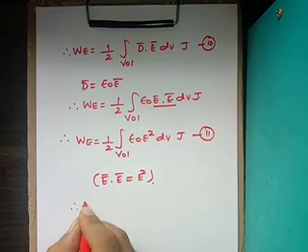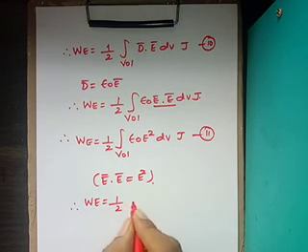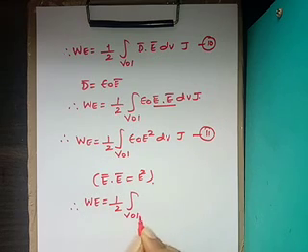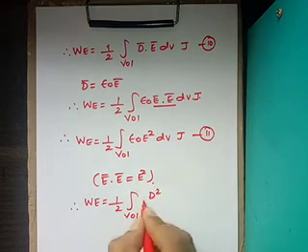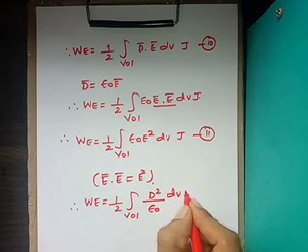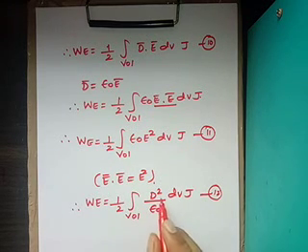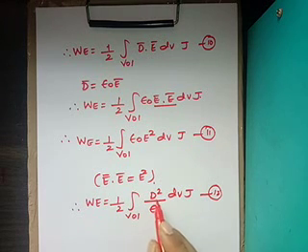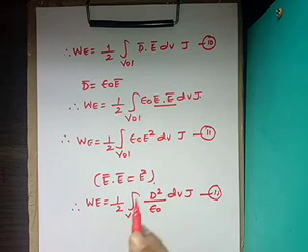Therefore we will be equal to half volume integral, I can write this epsilon naught E square as d square divided by epsilon naught dv joules. What is d? D is epsilon naught E, d square will be epsilon naught square E square, divided by epsilon naught will be epsilon naught, so this term becomes half volume integral epsilon naught E square dv joules.